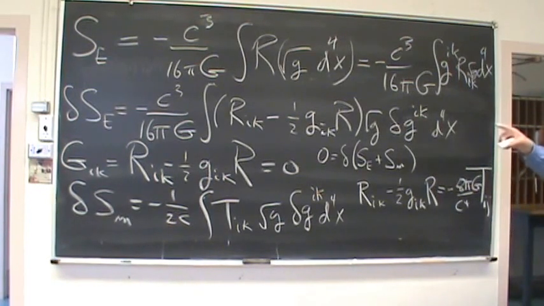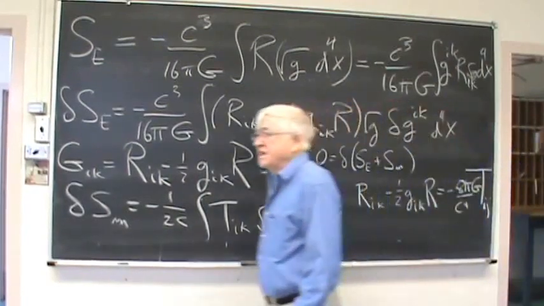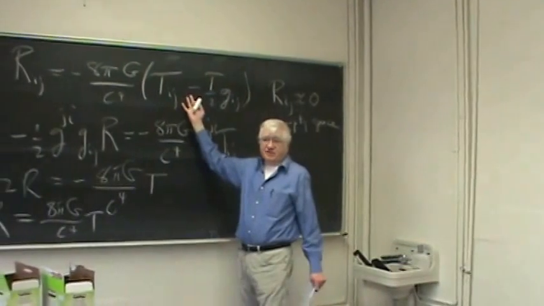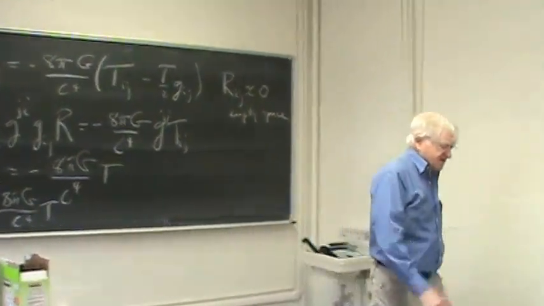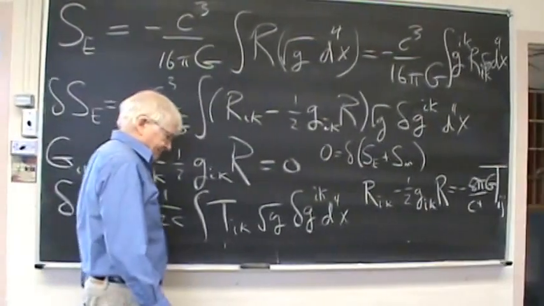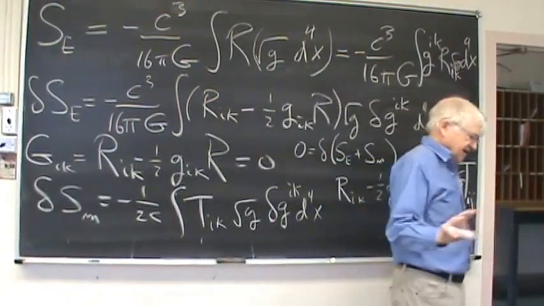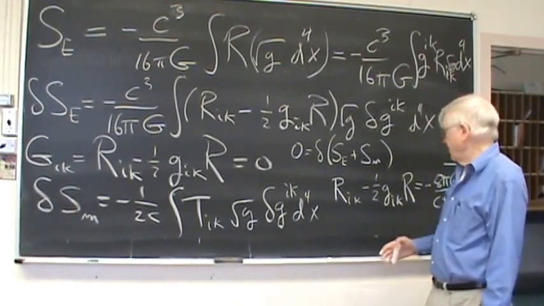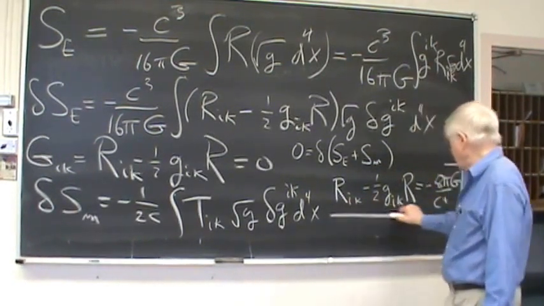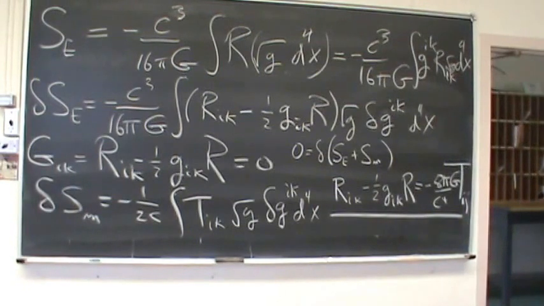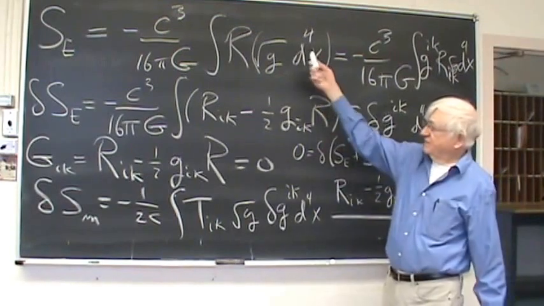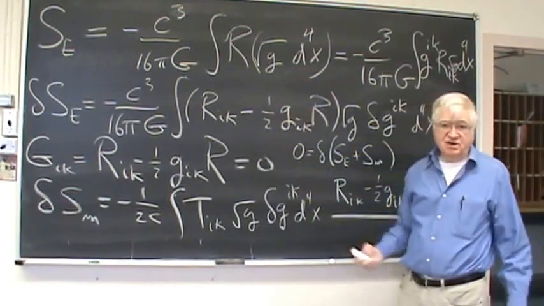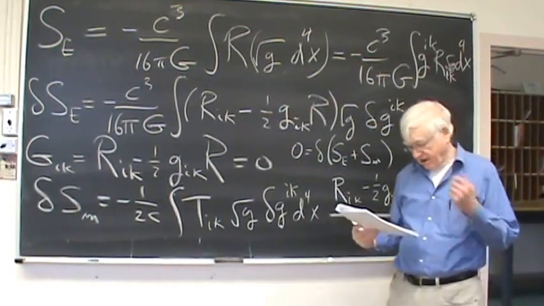Or equivalently, if you take traces, you can somewhat simplify the equation to this form. So these two sets of equations, one for empty space and neglecting dark energy, and the other quite a general equation, follow from the principle of least action applied to the Einstein action and the conventional matter.